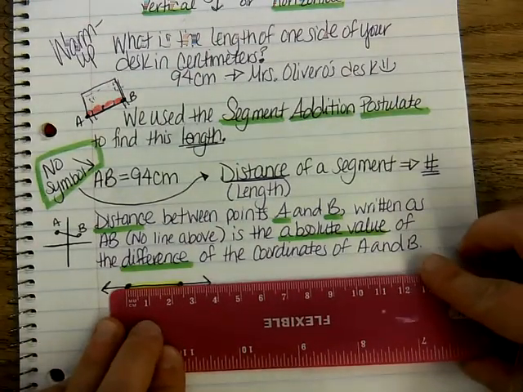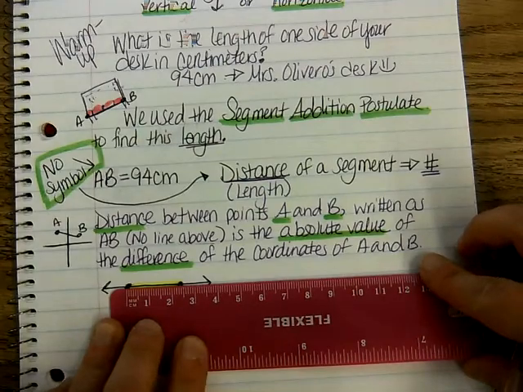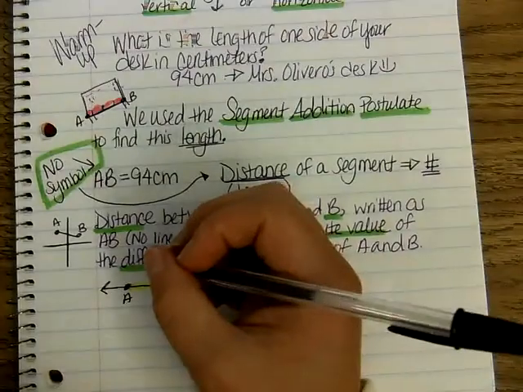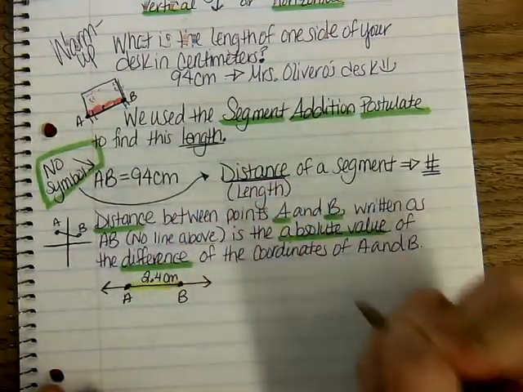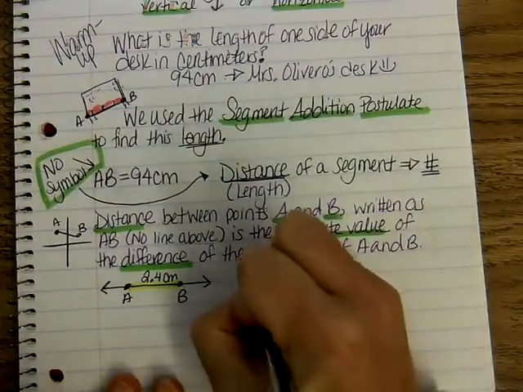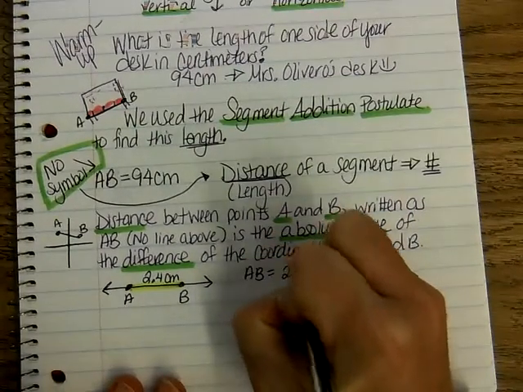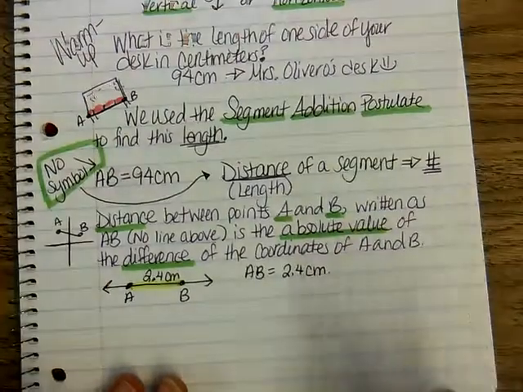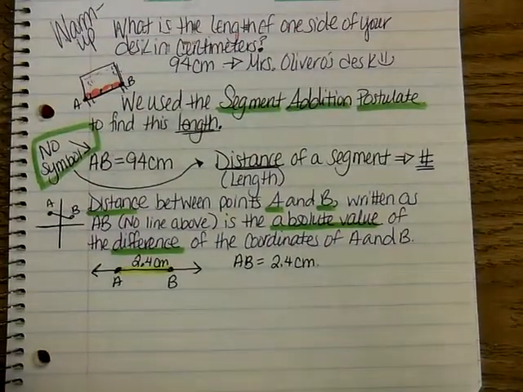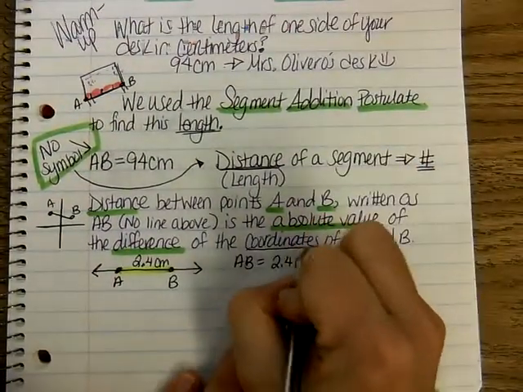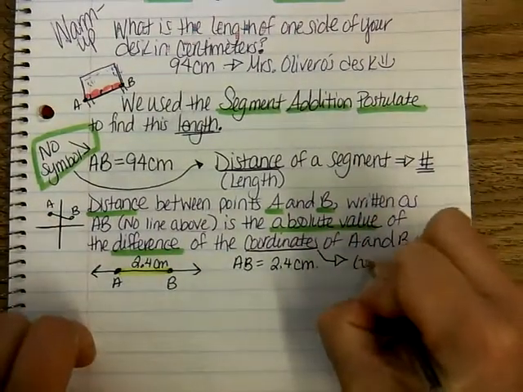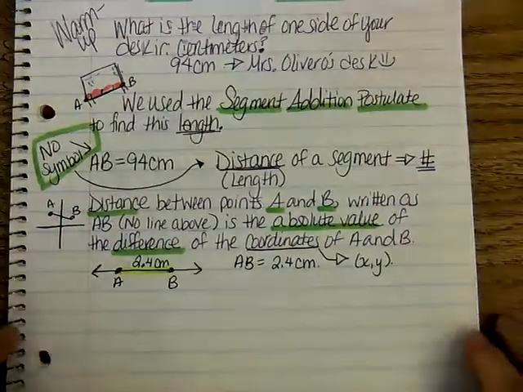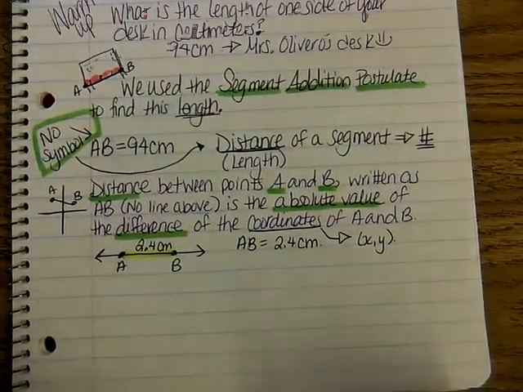In this case, if I got out a ruler and looked at the centimeters, it looks like it's about maybe 2.4 centimeters. And therefore, we would write that as AB is equal to 2.4 centimeters. Coordinates, I just want to talk about. If we were talking about a coordinate plane, remember that coordinates are x, y coordinates. I should have written that down a little bit sooner, but that's okay.